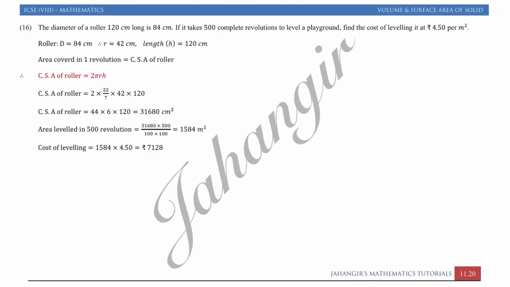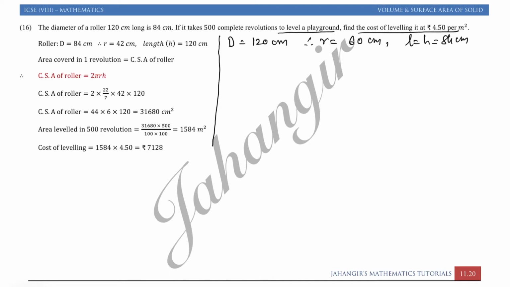Now 16th question. 16th question is quite similar to this. In this we have the diameter of a roller 120 centimeter. So therefore radius of that roller is 60 centimeter, and its length, that is height, is 84 centimeter. If it completes 500 revolution to level a playground, find the cost of leveling at a rate of 4.50 per meter square.